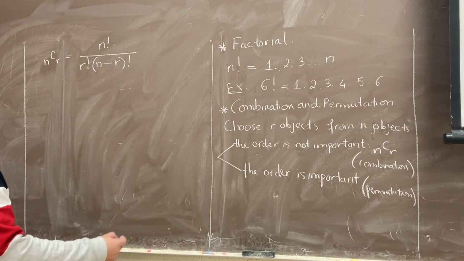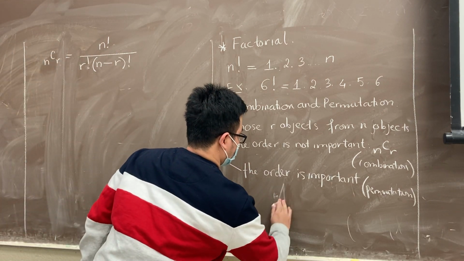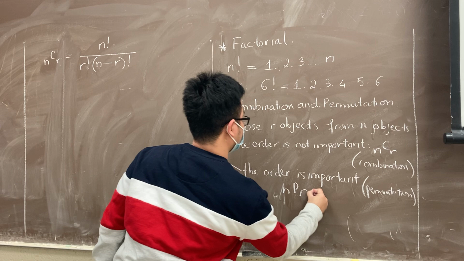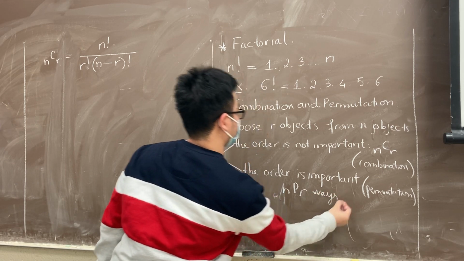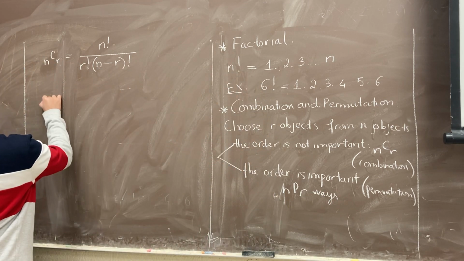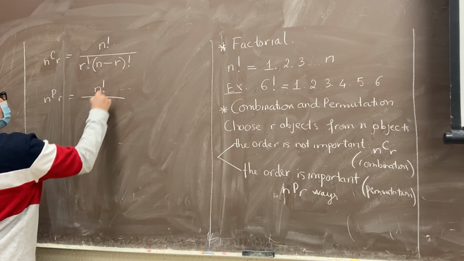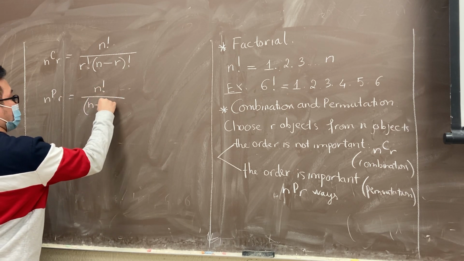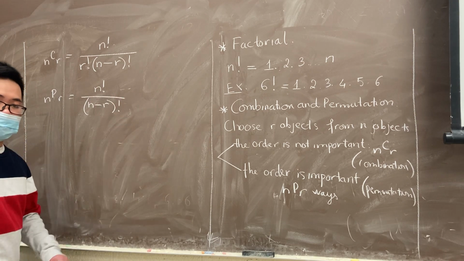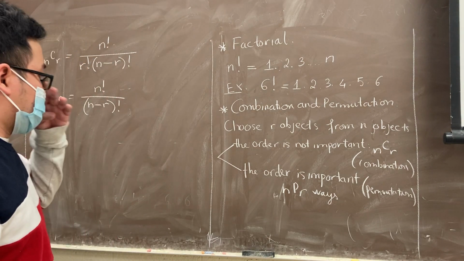The formula for nPr is calculated by n factorial over (n minus r) factorial. Okay. That's all about this.